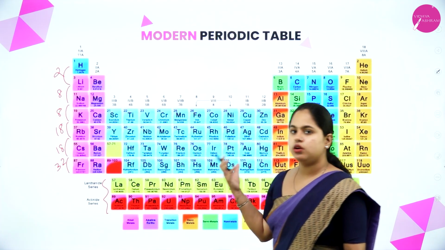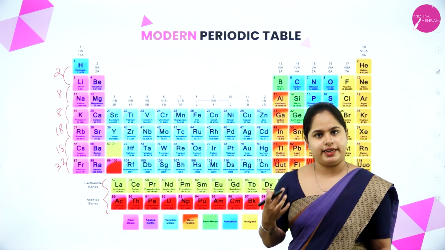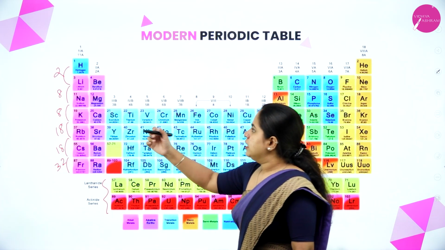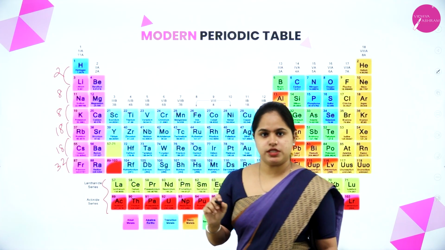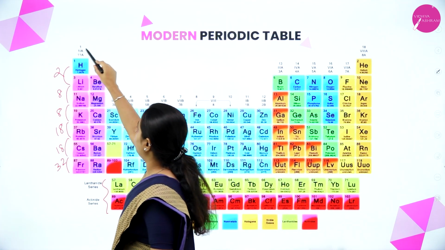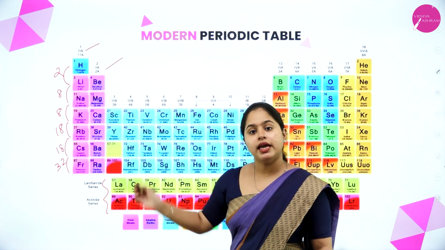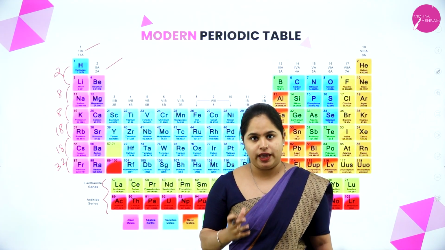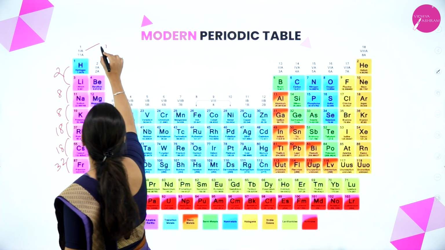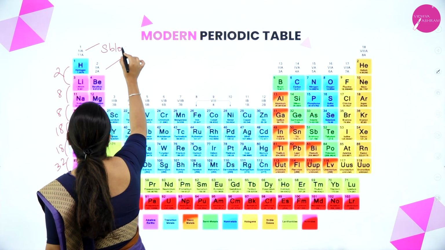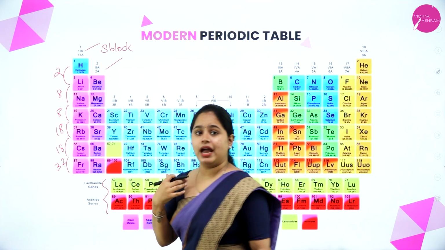Now coming back to the details of the modern periodic table, the first 2 groups that you can see, group 1 and group 2, belong to a group of elements which are called S-block elements. Why are they called S-block elements?